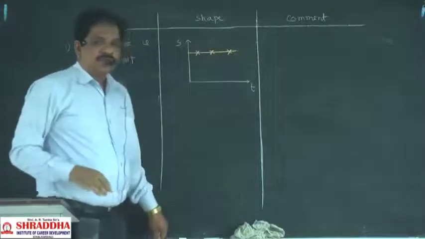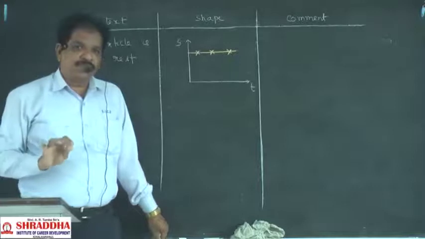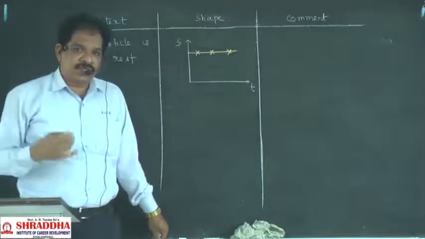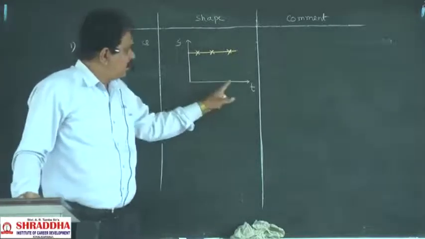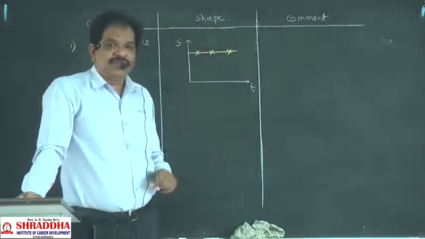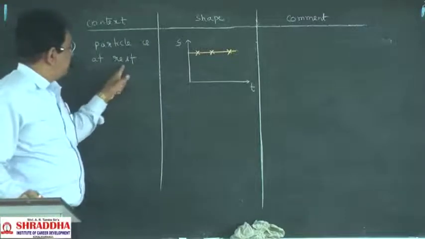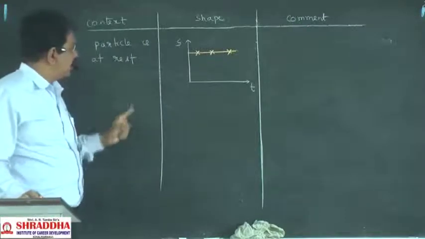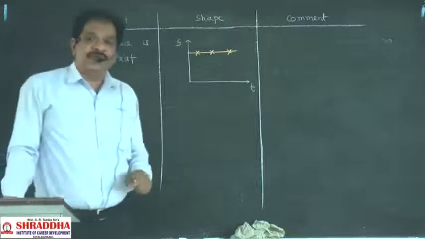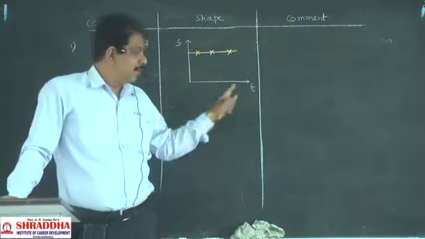Clear? So if displacement time graph is a straight line parallel to x-axis, what is the state of the body? Body will be at rest. Or if particle is at rest, draw the displacement time graph.